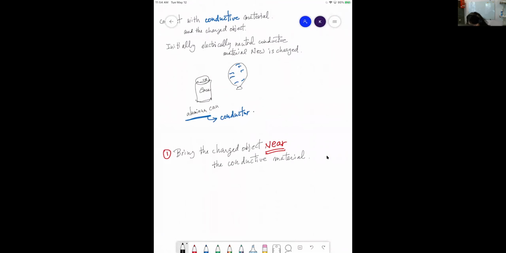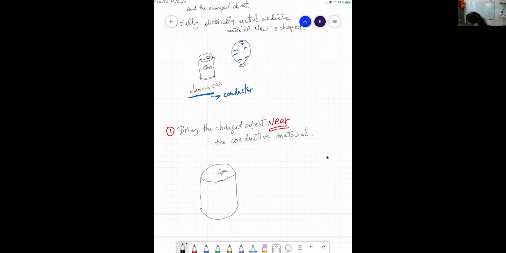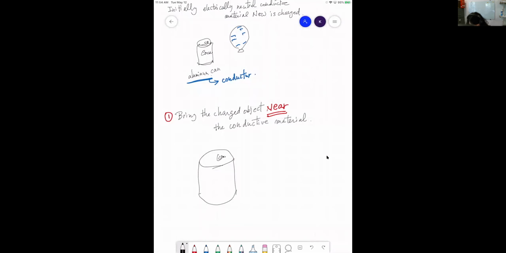So here I have a Coke, and this is electrically neutral. But if I bring the balloon close enough, this is charged, let's say negatively charged.